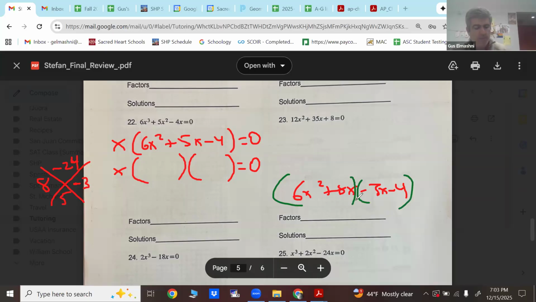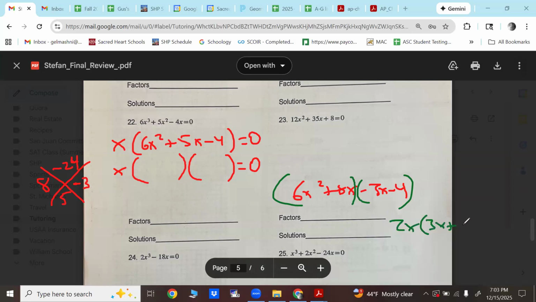So what can you take out of the first group? The first group, you could take out 2x. And then second group, you can't really take anything out.